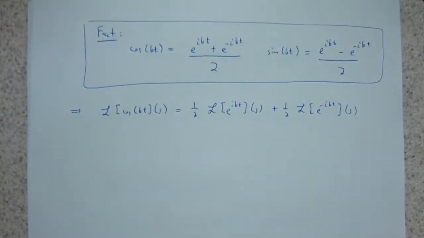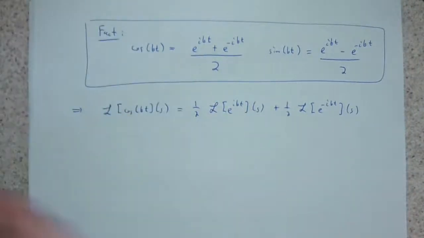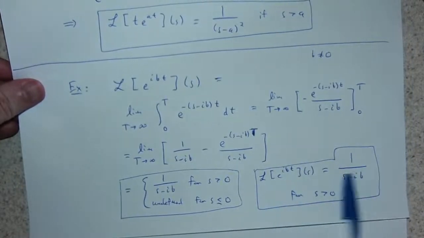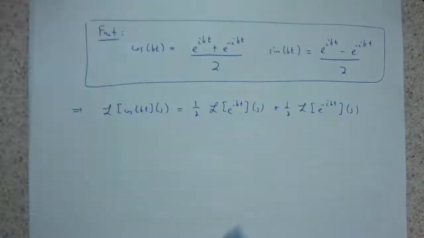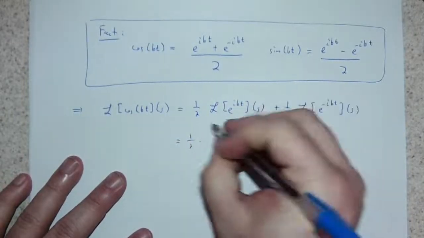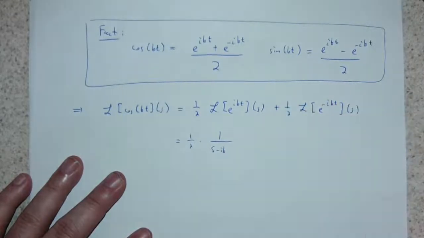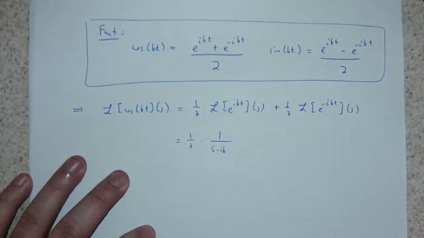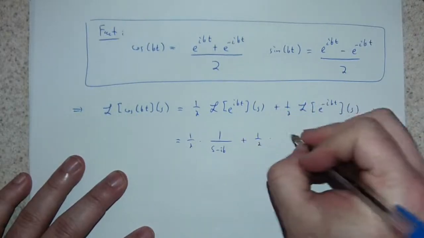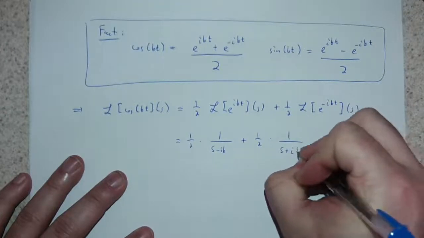But then we computed what this is: the Laplace transform of e to the ibt is 1 over s minus ib. So this is 1/2 times 1 over s minus ib, plus 1/2 times 1 over s plus ib, because of that minus sign.